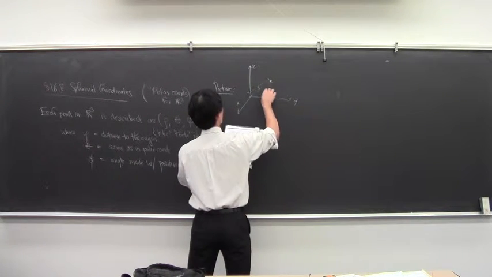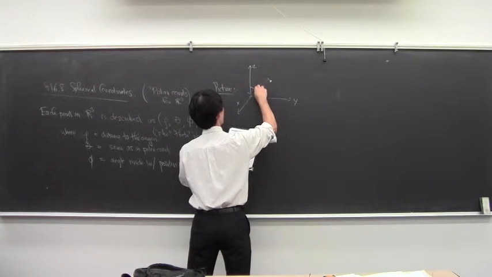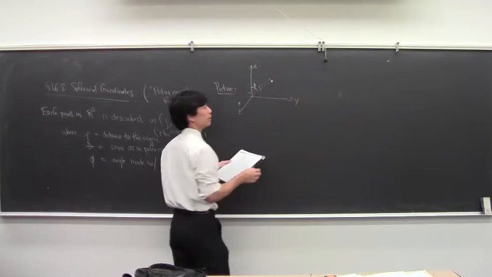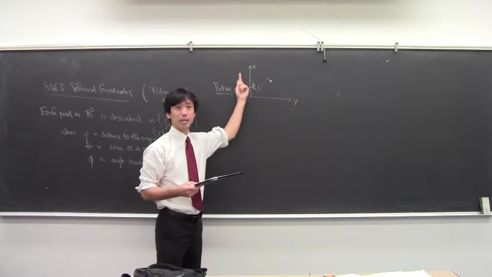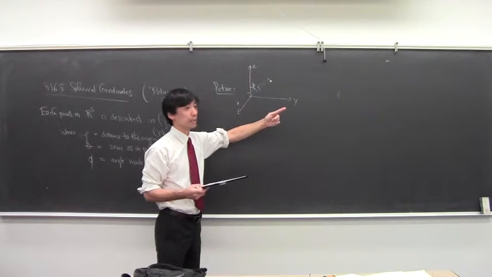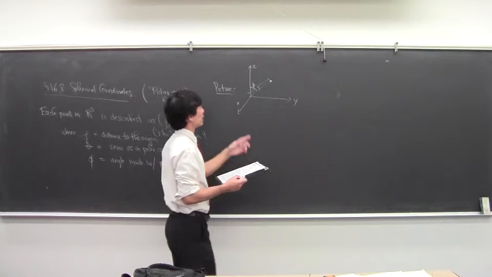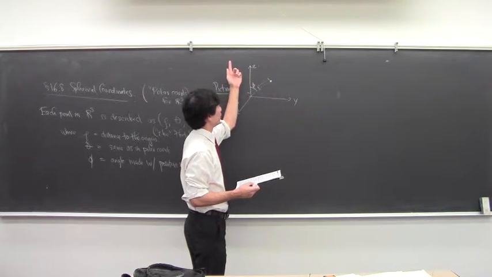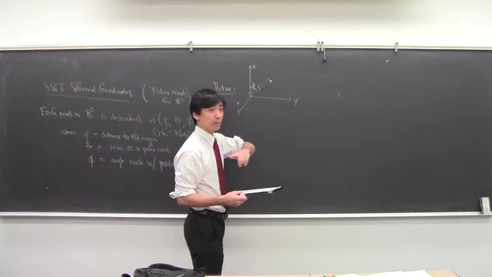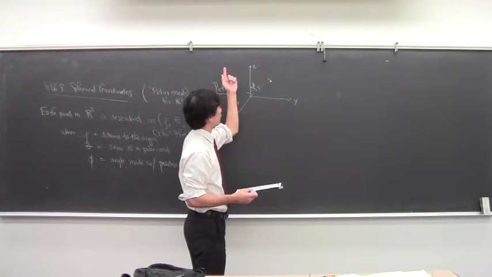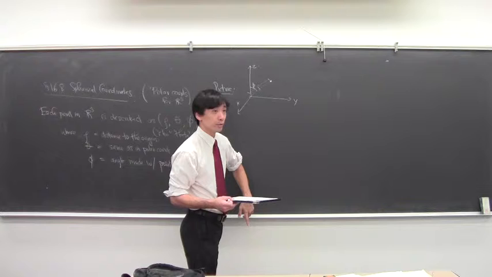This angle here is phi. Right? You see that? The angle with the positive z-axis. That's your phi. So if phi is pi over 2, then you're in the xy plane. If phi is pi, then you're pointing straight downwards.